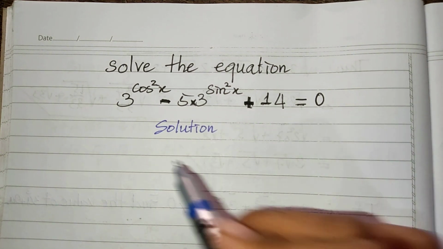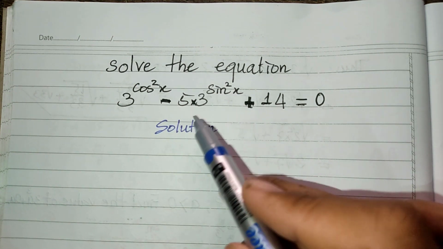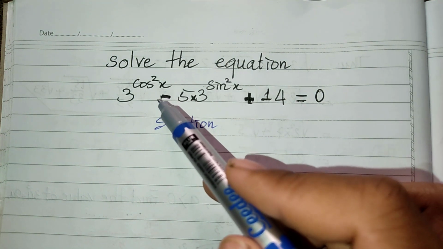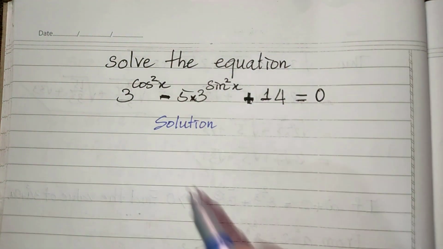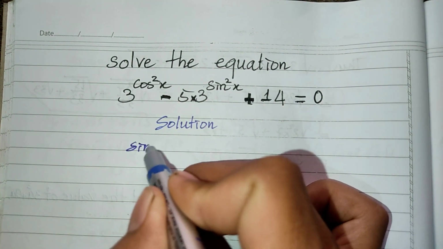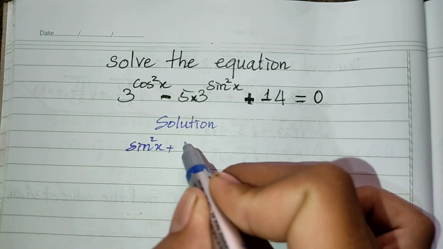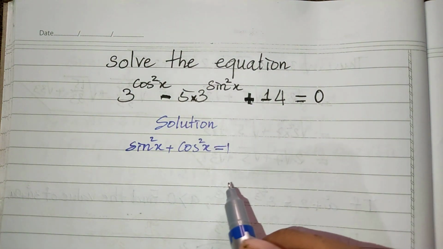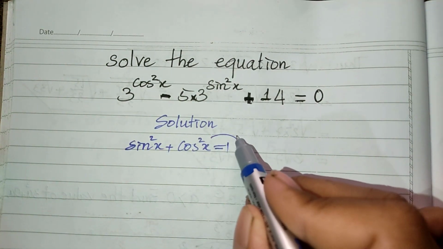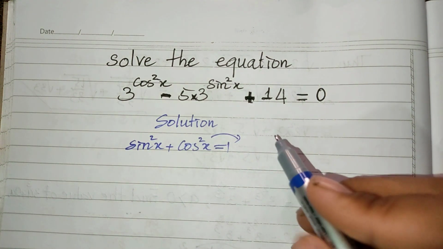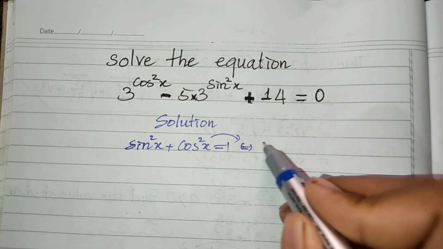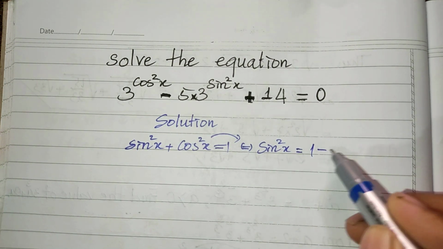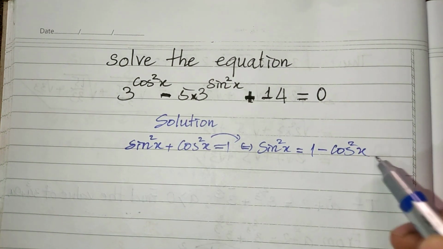Okay, we see this equation has trigonometric functions in the exponents. Do you know that sine squared of x plus cosine squared of x equals 1? So I move cosine squared to the right-hand side: sine squared of x equals 1 minus cosine squared of x.